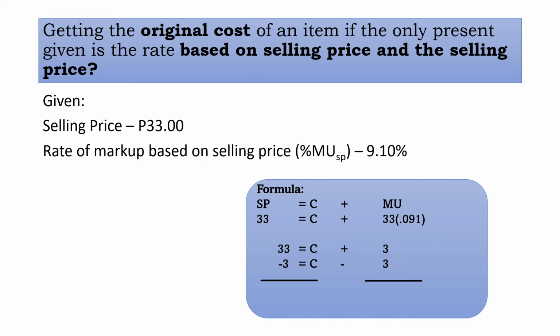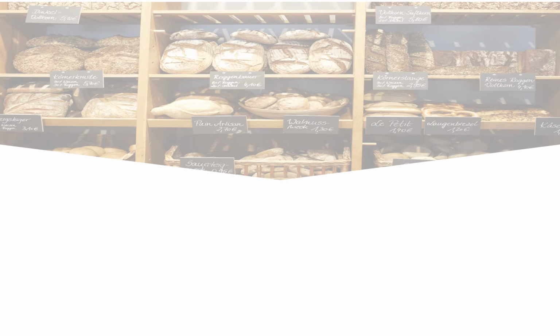So 3 minus 3 is 0, so bring down the cost, and 33 minus 3 is 30. So the cost is 30 pesos. Now we're done with markup and how to compute the problems related to it.